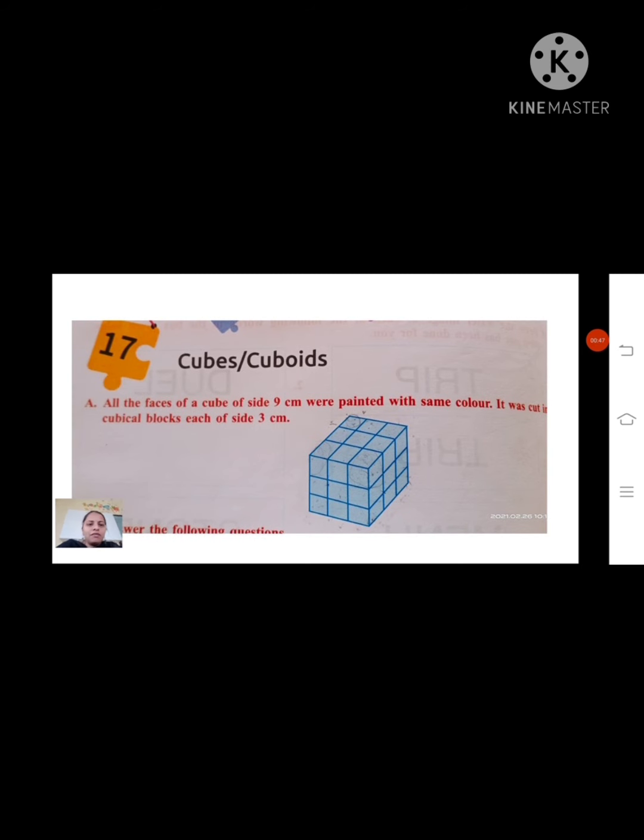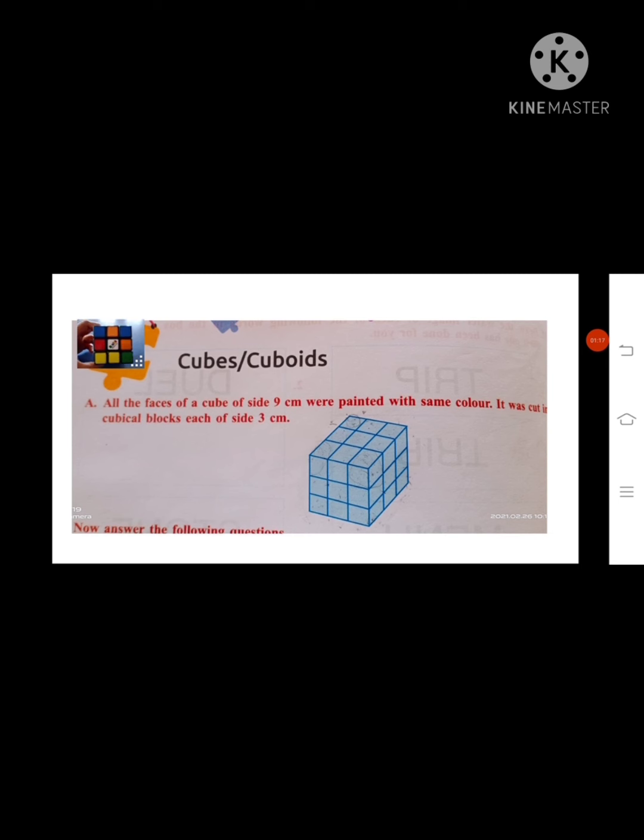This is our lesson, cubes and cuboids, lesson number 17. Here I wanted to show you that this is a cube. Got it? In this cube, let me tell you, at one side, how many total cubes are there?